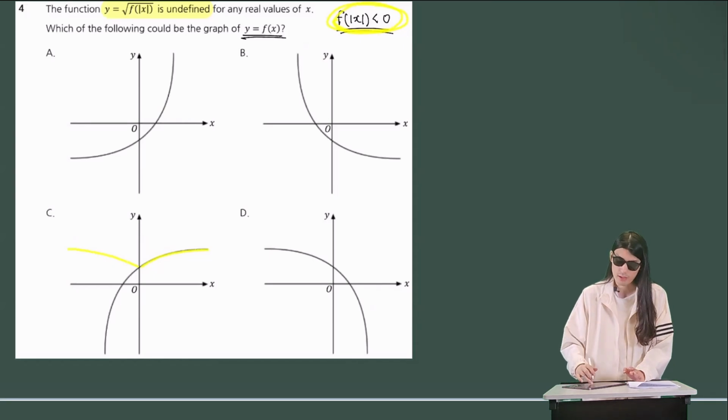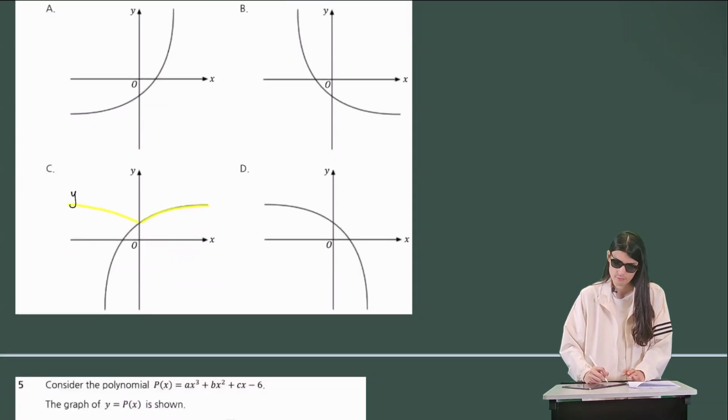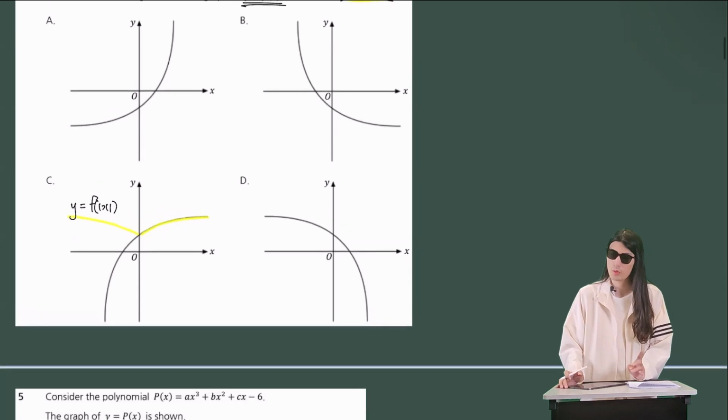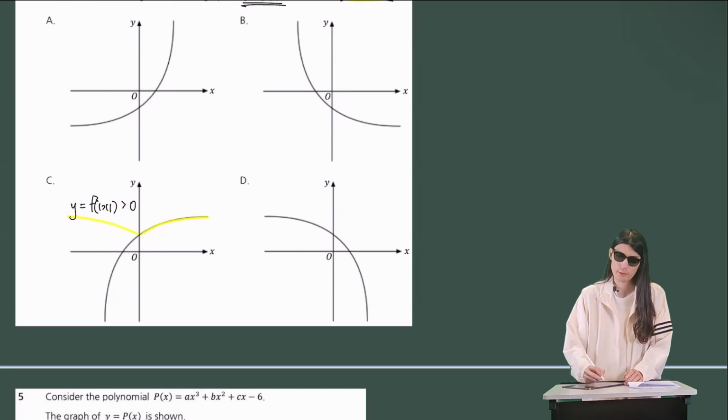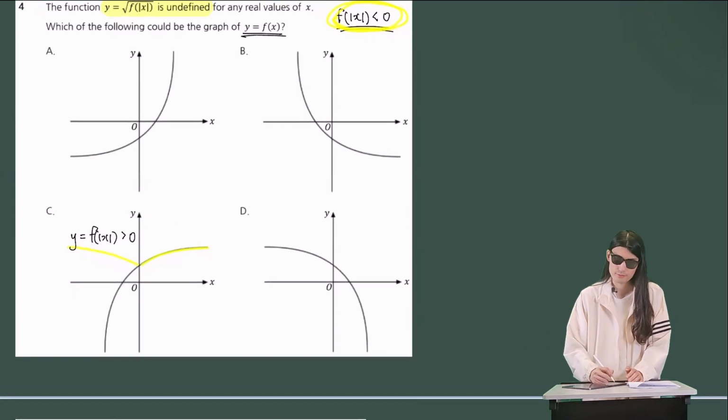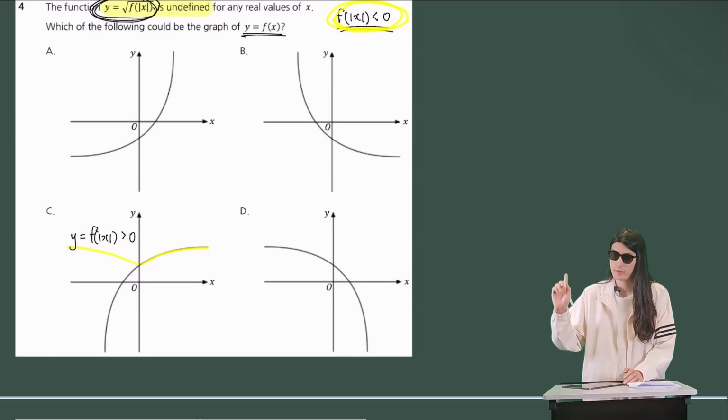But if this is the graph of f of absolute value of x, well then f of absolute value of x is positive, which then means the square root of that, which the question talks about, should be defined.